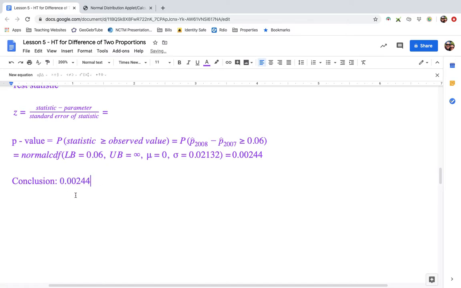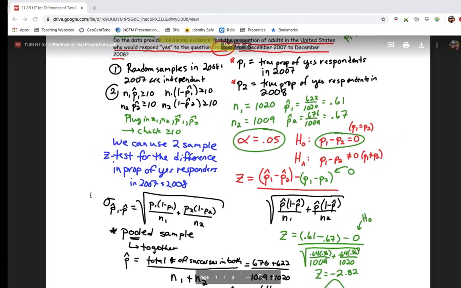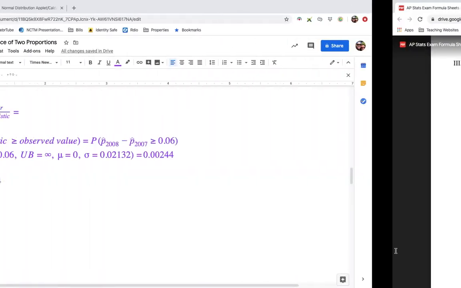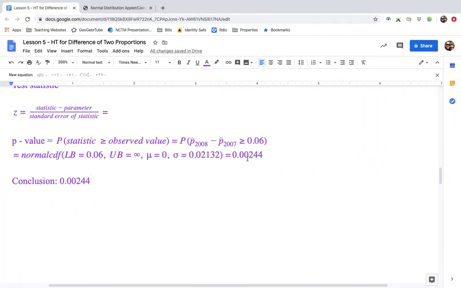Which, if you remember me saying when I did my simulation earlier, this looks like maybe just 2 observations out here. 2 out of 1,000 is consistent. This is 2 thousandths.